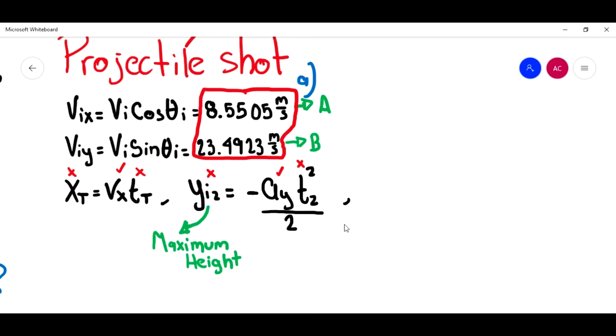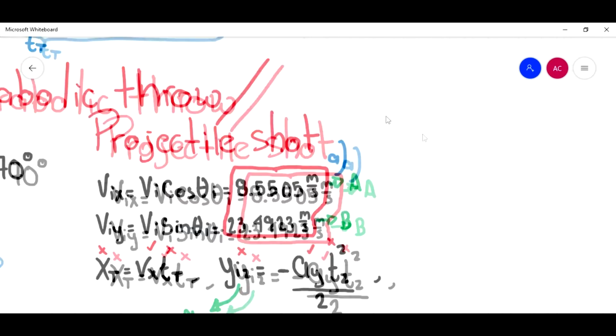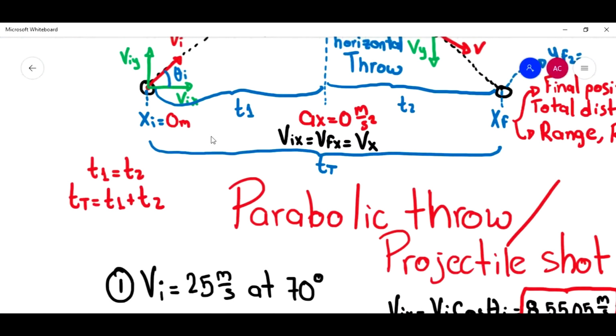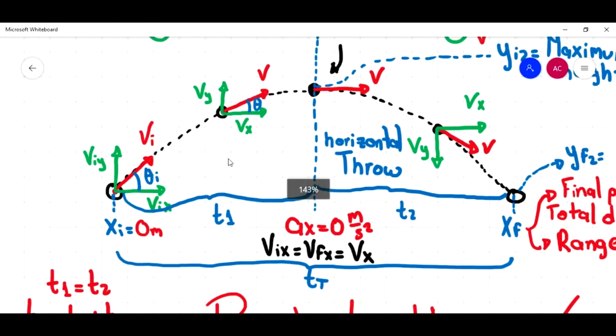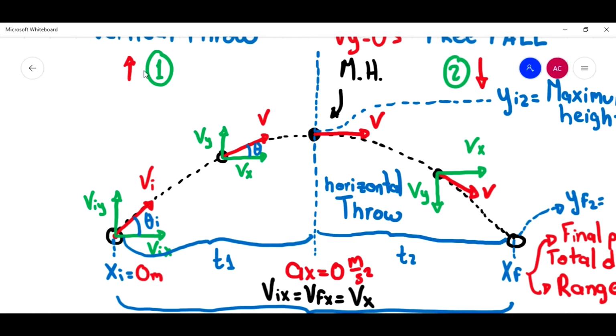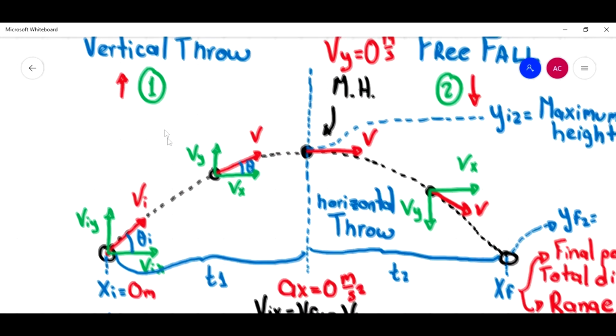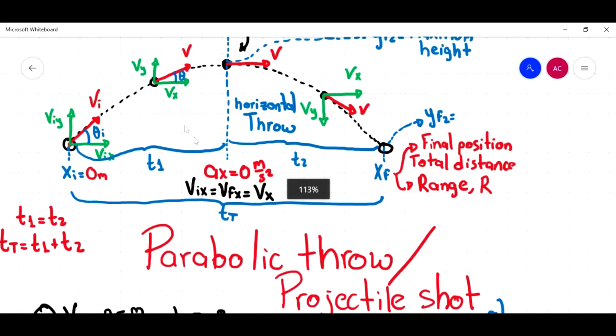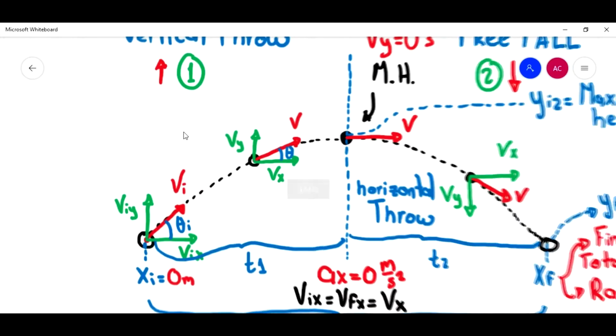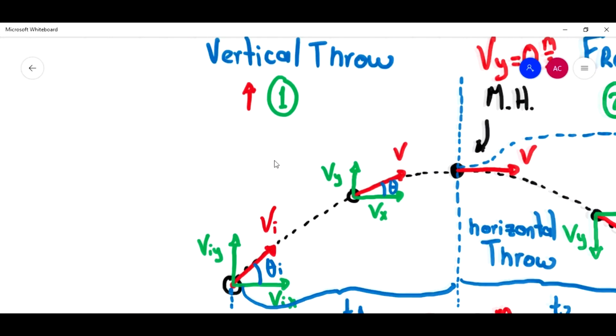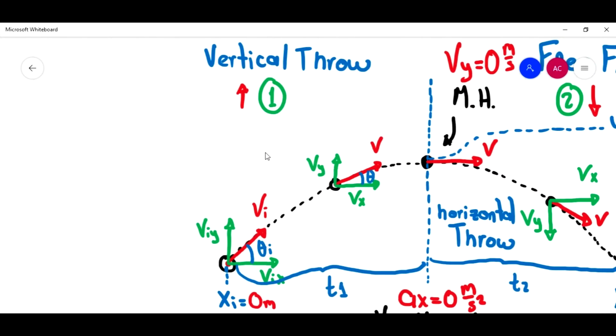So now let's go to the first segment in y. It's a vertical throw, so I recommend you watch, for example, the video on vertical throw. If you remember, there was an equation that says acceleration in y equals final velocity in y minus initial velocity in y, over time.